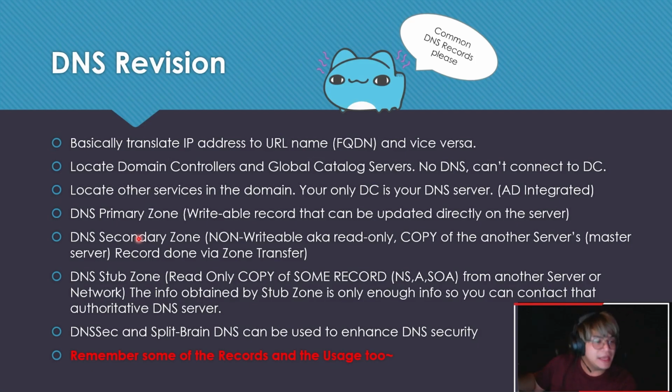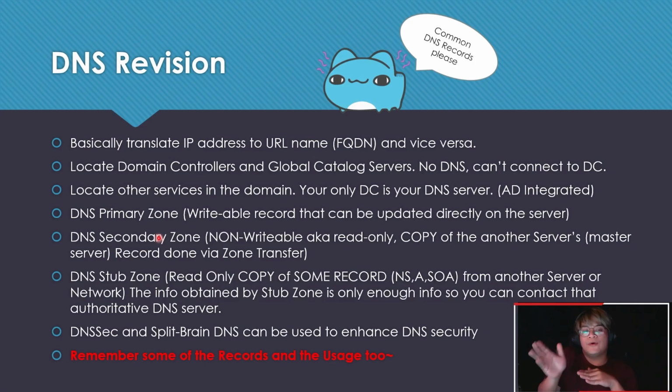The primary DNS zone is basically the primary DNS server. You can write records to this server, you can delete records in this server, and so on. Each domain will require at least one primary zone, while the secondary zone is basically a copy of the primary zone or another secondary zone.